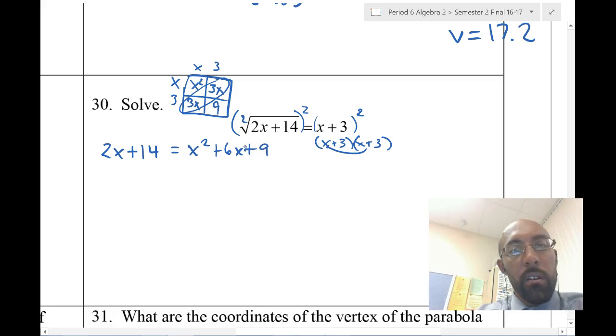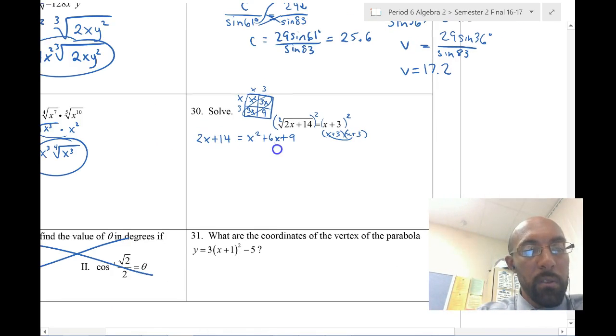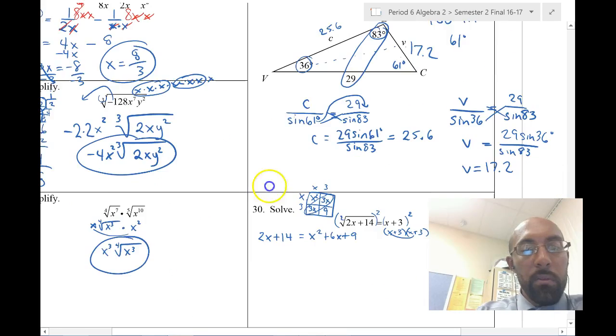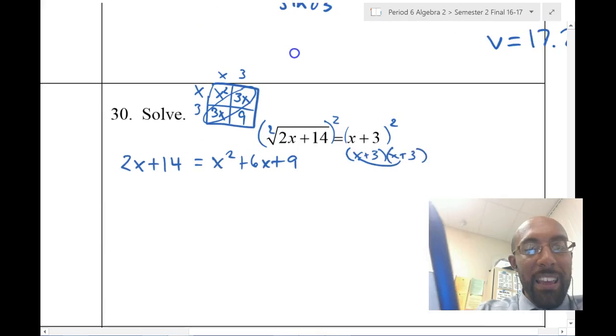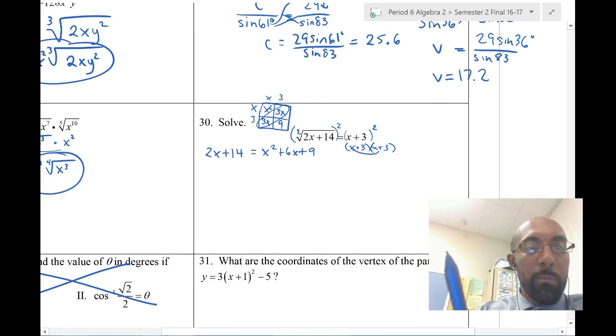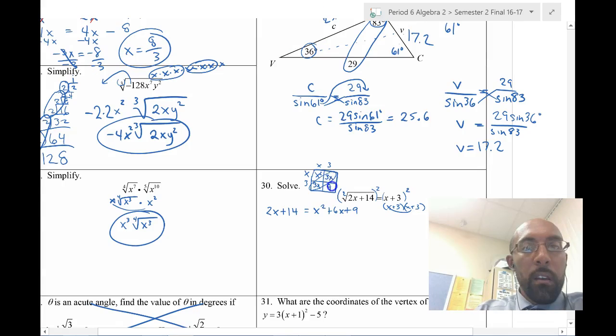So here's what you need to look for, whether you're solving rational equations, like number 24, the one we just did, or radical equations: if I end up with x squared in the equation, that signals to me that I need to move all my terms to one side and set this equal to 0. Because then we're looking for the roots or solutions of a quadratic.